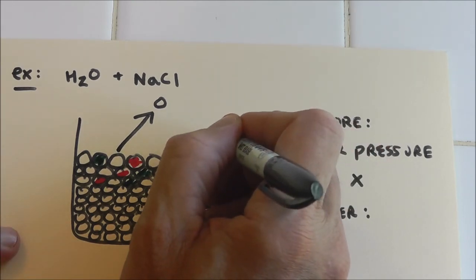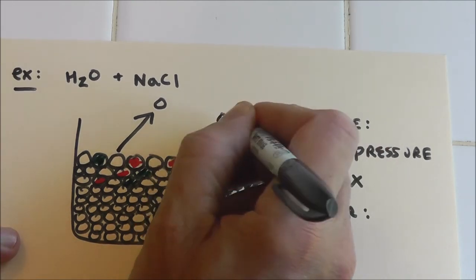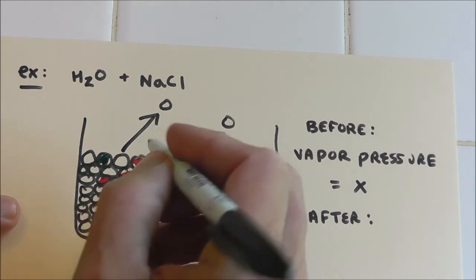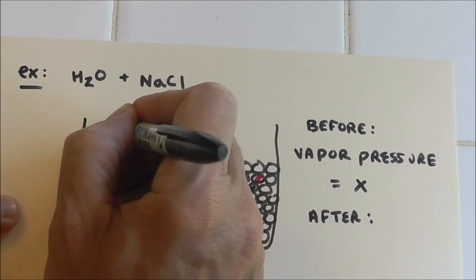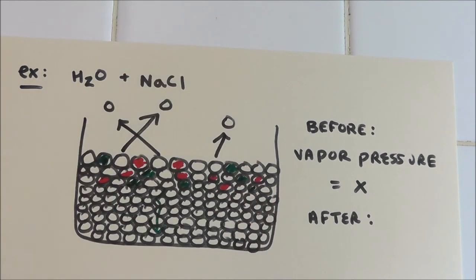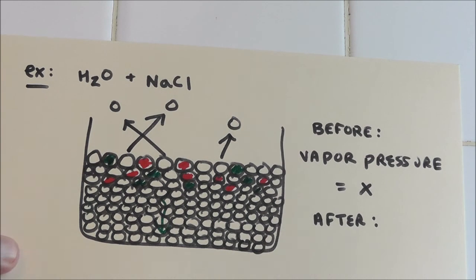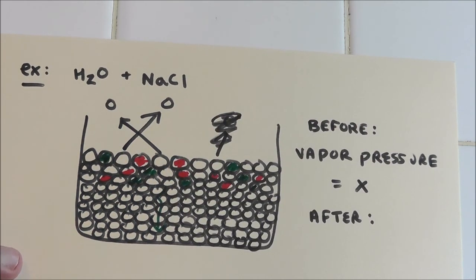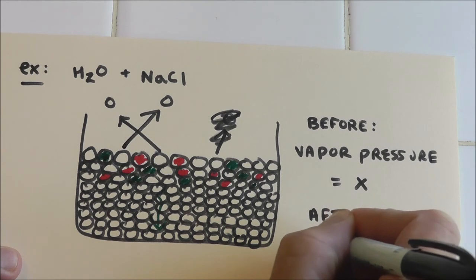At the surface, some lucky water molecule has acquired enough kinetic energy to vaporize and escape the liquid phase. But what happens now is if I put salt in there, I'm going to block some, but not all, of that vaporization.